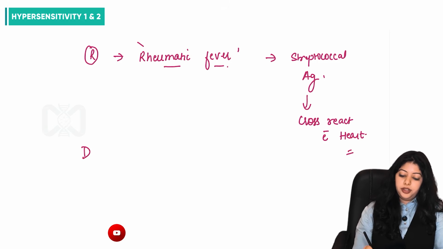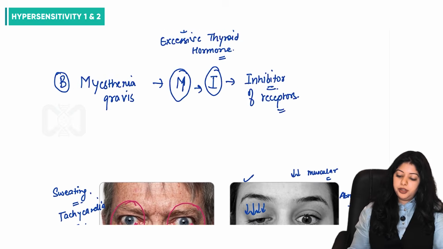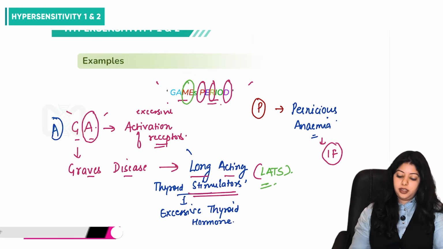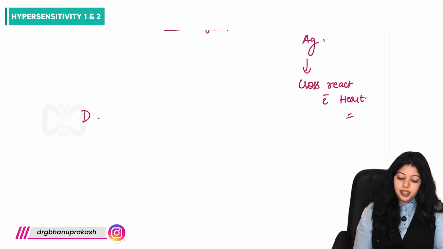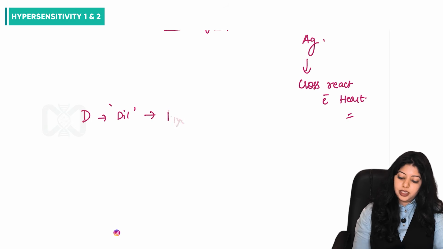And the letter D in period stands for dil in Hindi, so we can replace it with myocarditis, which is seen in Chagas disease.